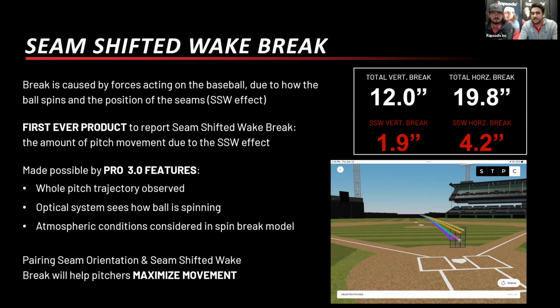So really important to take into account those atmospheric conditions to get us the most accurate model that we could have for how the ball should have moved based on how it was spinning.